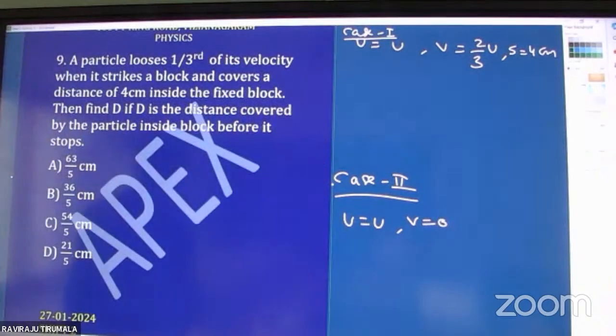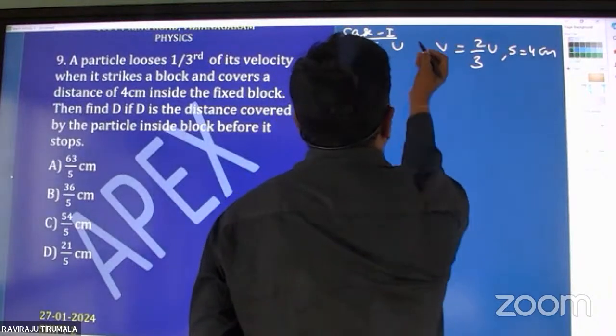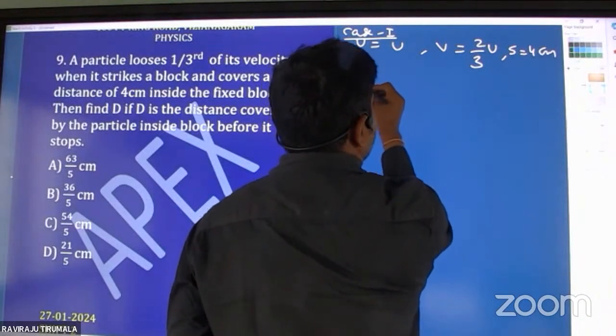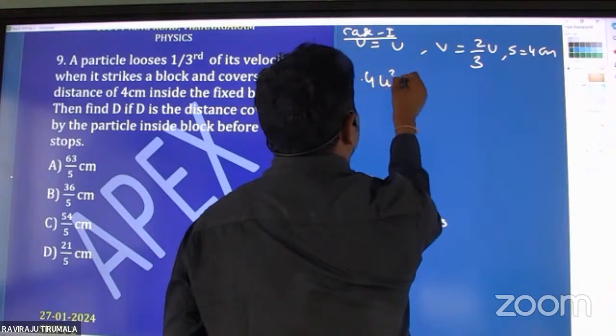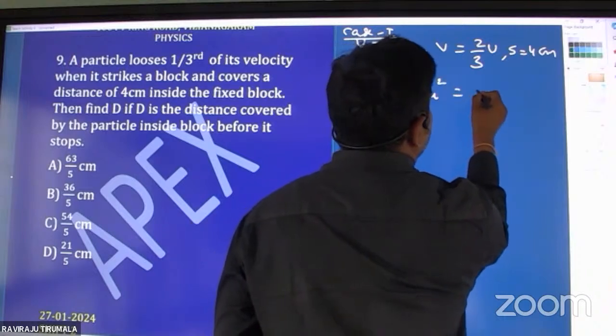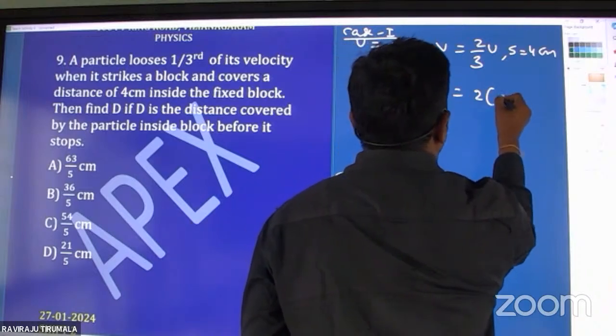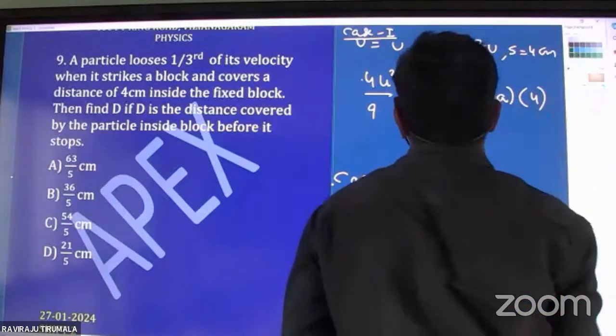Now, in this case, you have to get the acceleration. How will you get the acceleration? v square minus u square equal to 2as. v square is 4u square by 9 minus u square equal to 2 into a, a value we don't know. s is 4 centimeters.